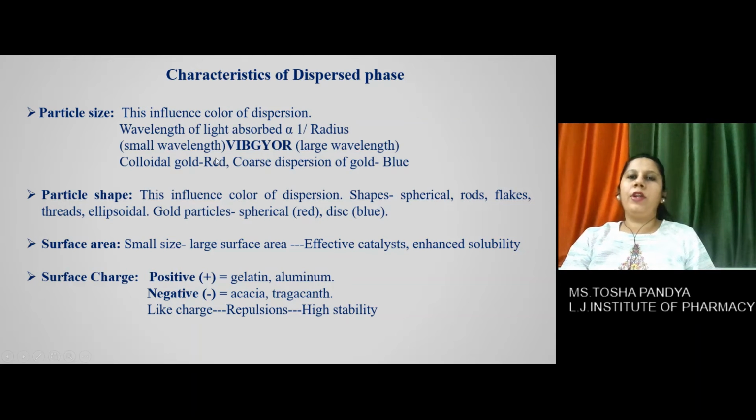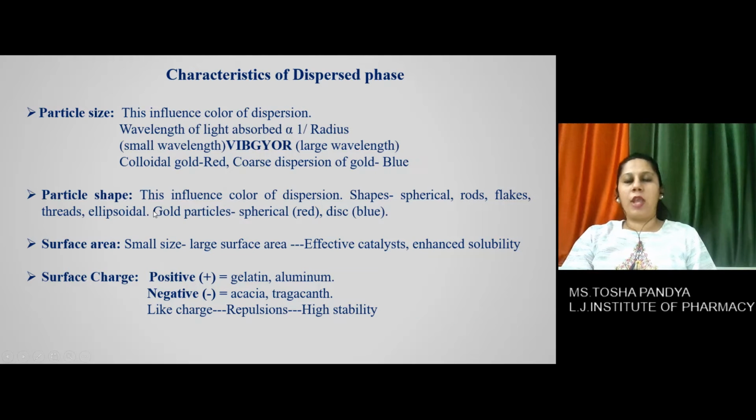Example, colloidal gold will absorb in the VIBGYOR region in the red, that is a larger wavelength. Small particles, large wavelength. The colloidal gold appears red in color, whereas the coarse dispersion of gold will appear blue in color, that is, it will absorb a shorter wavelength of light.